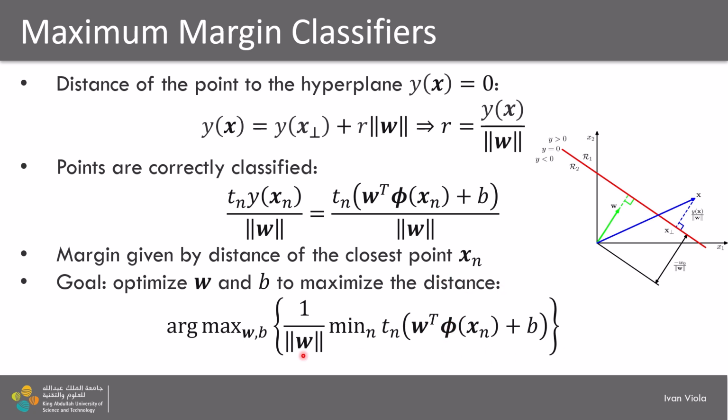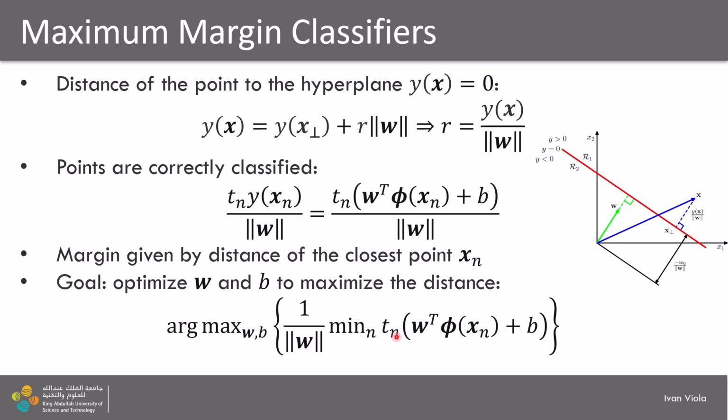Here we can see it formulated in a formal way, where we pick the minimal n, for which the distance is the smallest. We do not really need to divide by the norm of w here, because that doesn't depend on the particular value n.